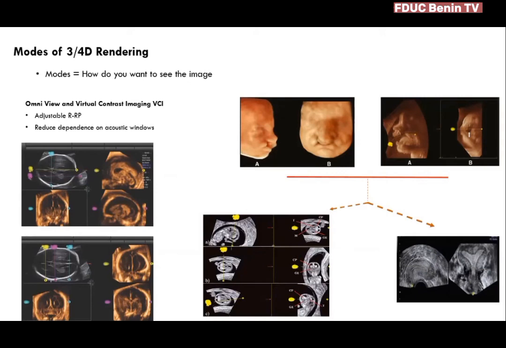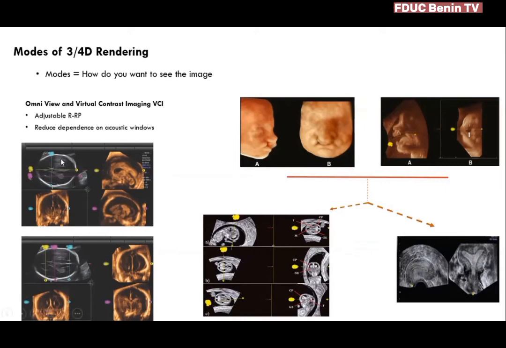Now, this satisfies the conditions for the surface rendering mode, which we've talked about in the previous slide. But with technological advancement, the virtual contrast imaging and the OmniView mode rule out the dependence on these criteria. So it, one, gives the operator the flexibility to work without having to depend on an acoustic window, like the fluid before the structure of interest that I mentioned. And two, there is no more dependence on the profile anatomy in 2D.